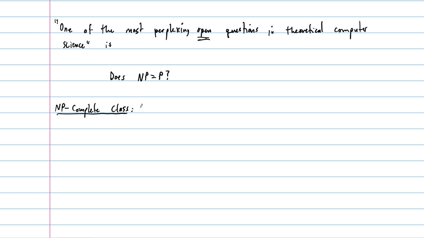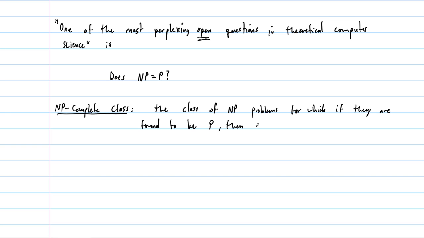But if they're also P, then all NP problems are P. So this is the class of NP problems, non-deterministic polynomial time problems, for which, if they are found to also be P, then all NP problems are also P.